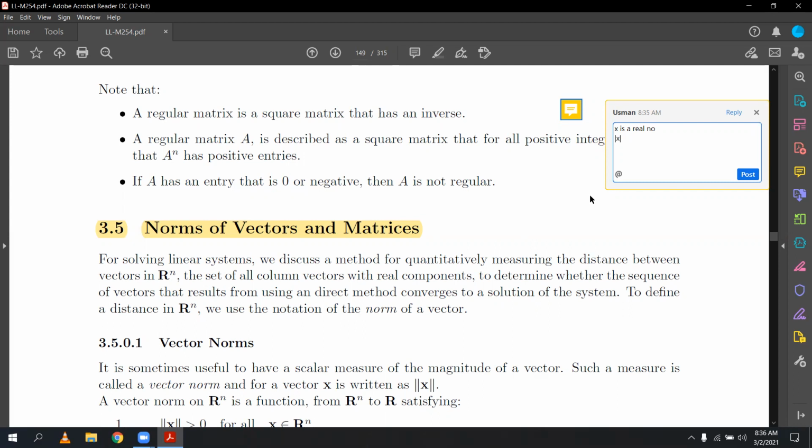The absolute value of a number is always equal to what? It is X when your X is positive, and it is equal to negative X when this is negative, less than 0. But the absolute value of any number is always positive. Now, when you are dealing with numbers, you always use the idea of the absolute value. Now, in our case, what are we doing? A linear system. In the linear system, what is your A?